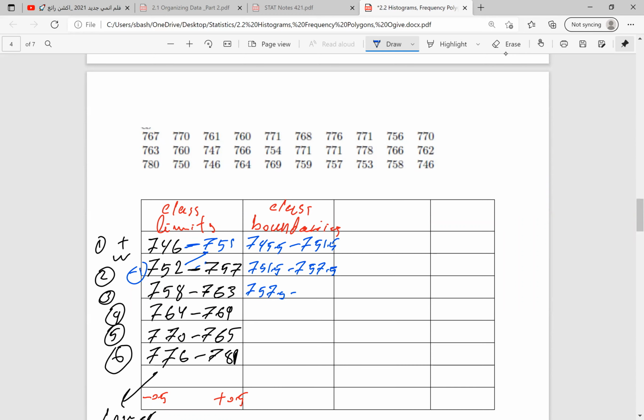Next one will be 757.5 to 763.5. Next one is 763.5 to 769.5. Then we have 769.5 to 775.5.